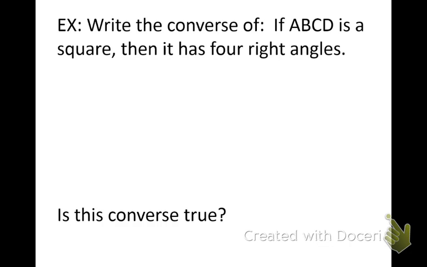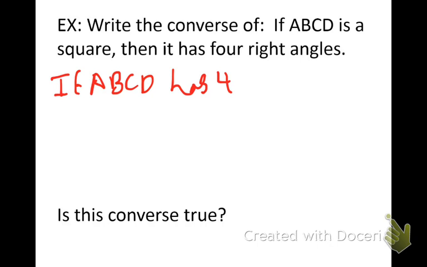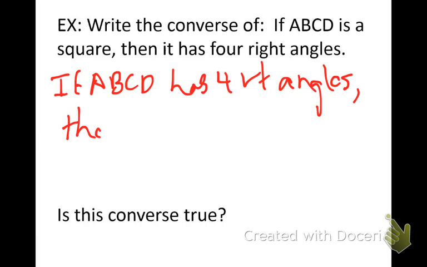If ABCD has 4 right angles, then it is a square.